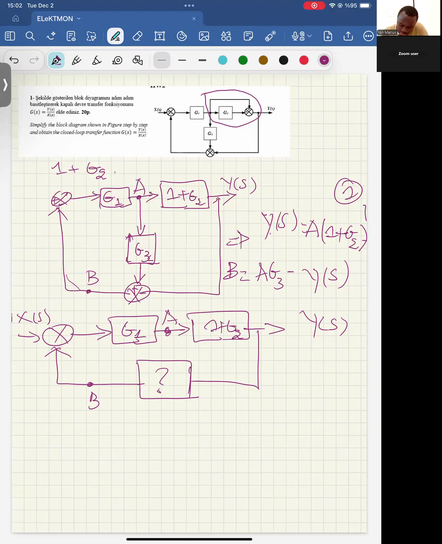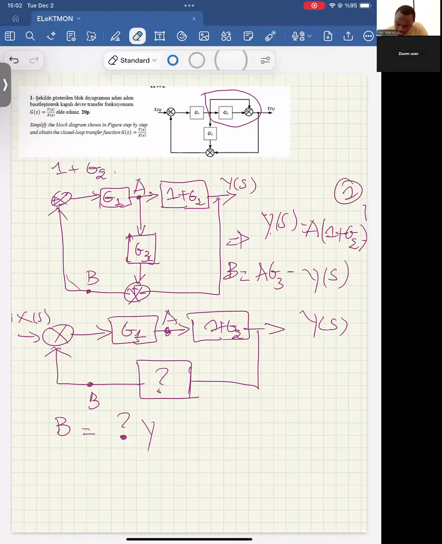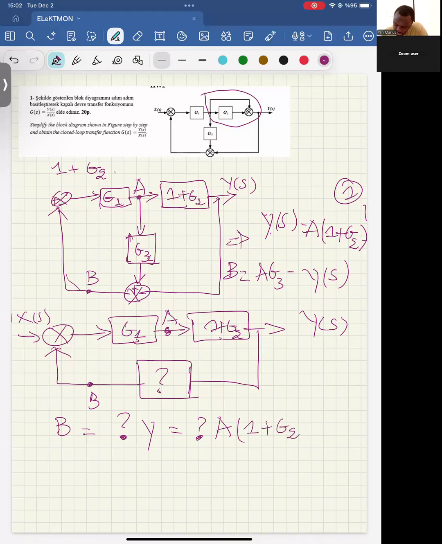So anyway, we know that B will be something like the unknown block multiplied by A plus G2.